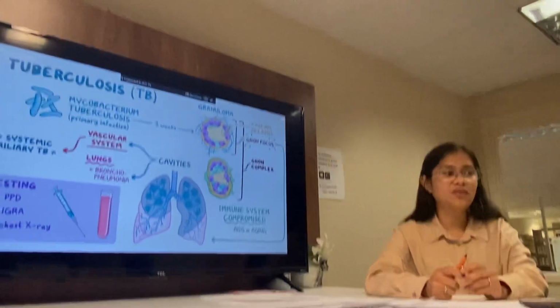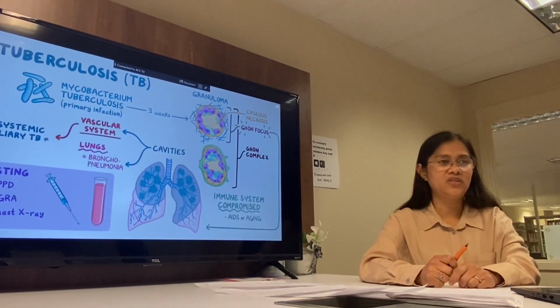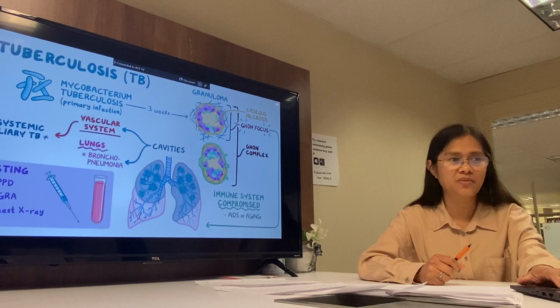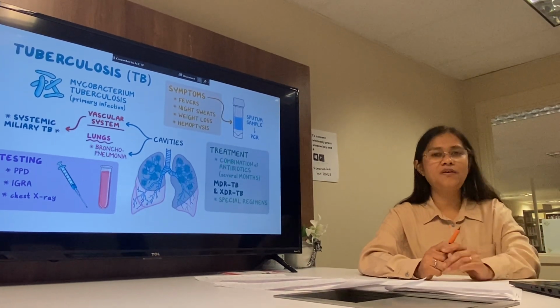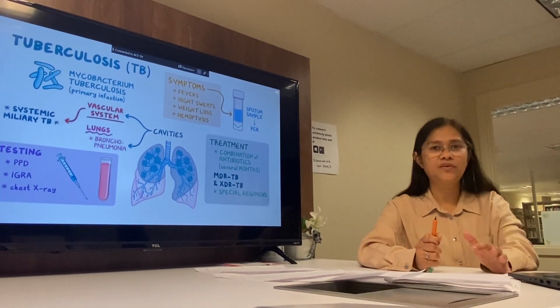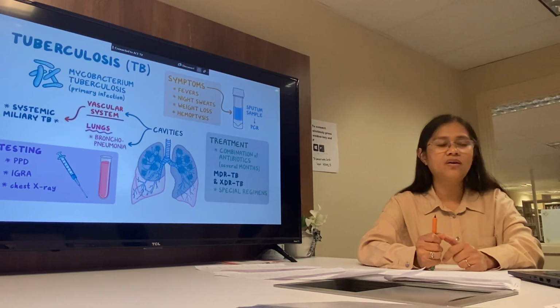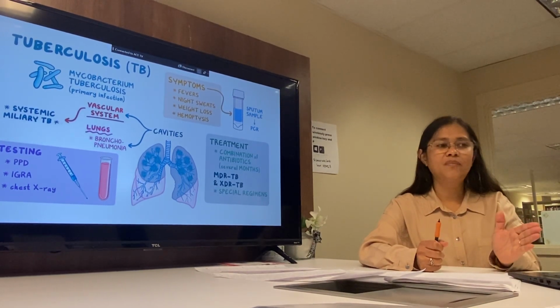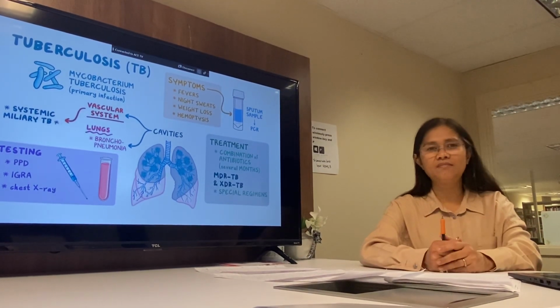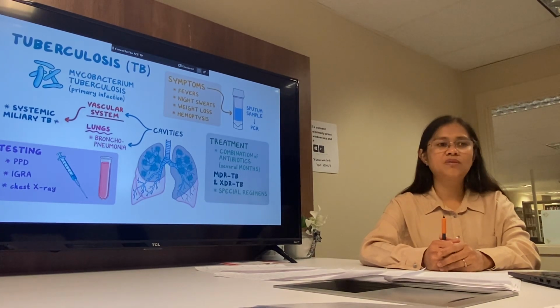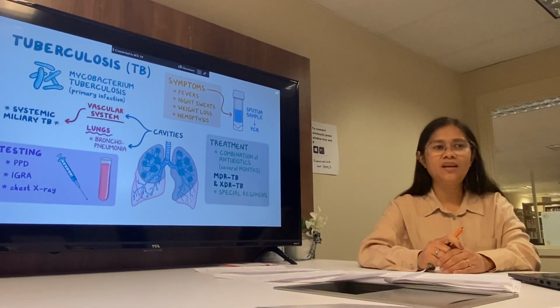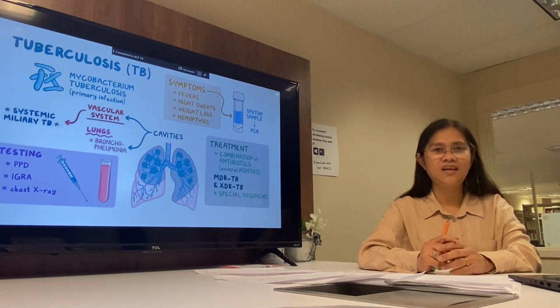Testing for TB includes PPD, IGRA, and chest X-ray. If a person has symptoms like fever, night sweats, weight loss, and hemoptysis, or bloody sputum, sputum is collected and sent to the lab for PCR testing.